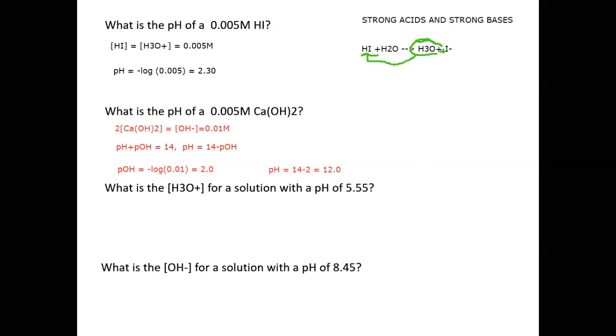Now what if it asked you, instead of finding the pH, what's the hydronium ion concentration for a solution with a pH of 5.55? What we have to remember here is that pH equals the negative log of the hydronium ion concentration.